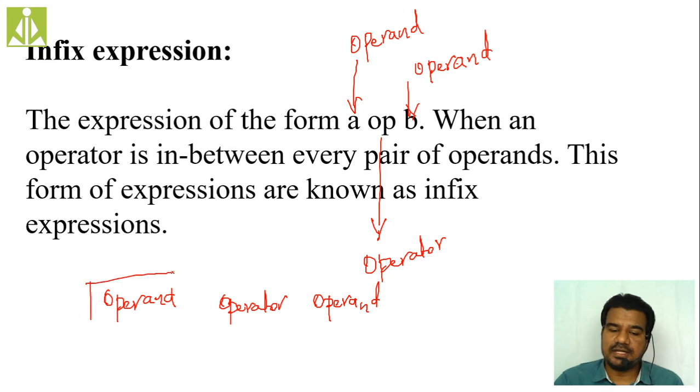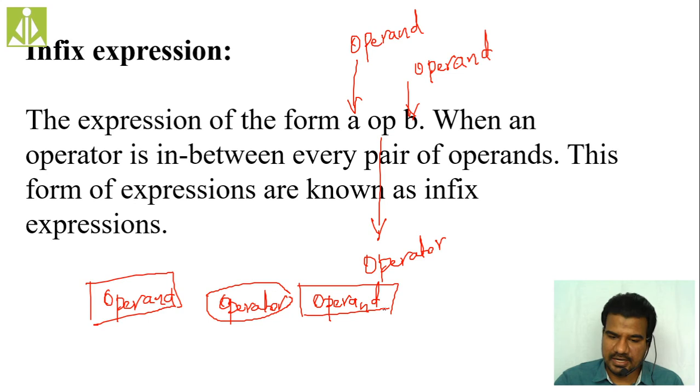If you take this operand like this, an operator with an ellipse, and another rectangle, it will form operand, operator, operand. This form of expression we call an infix expression. When an operator is in between every pair of operands, we call that expression an infix expression.